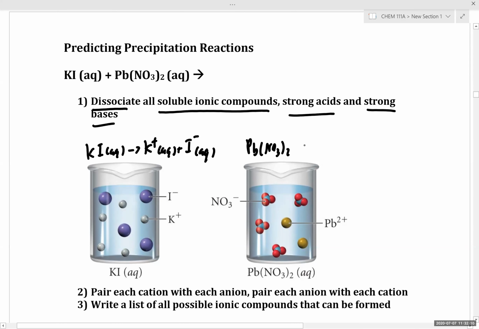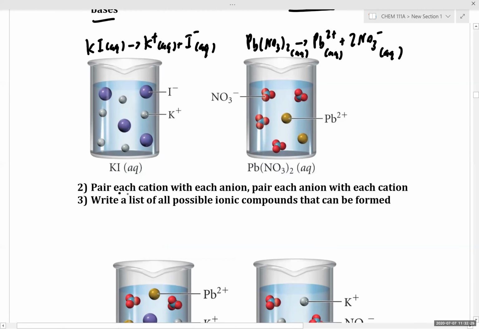So lead nitrate can be broken down into lead 2 plus and 2 nitrate ions. So now that we have all of our ions established in solution, we're going to play a bit of a game where we pair each cation with each anion, and we're going to write a list of all possible ionic compounds.